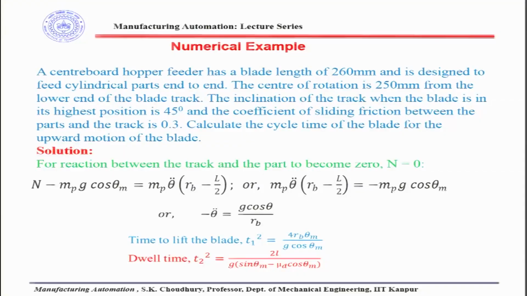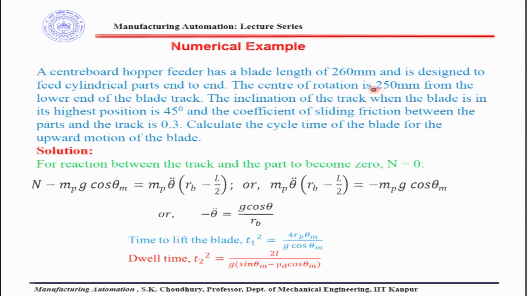Let us take a numerical example. Say a center board hopper feeder has a blade length of 260 millimeter. This is just an example, all right. It is designed to feed cylindrical parts end to end.